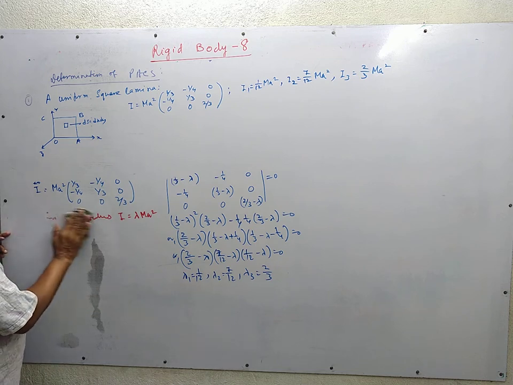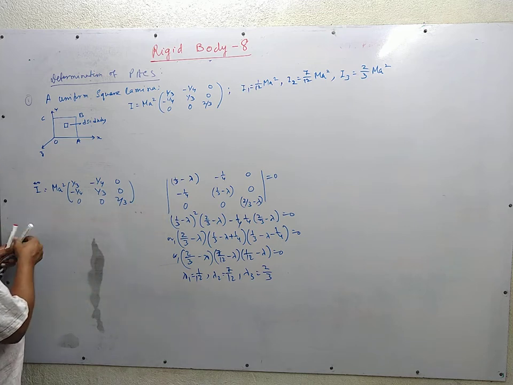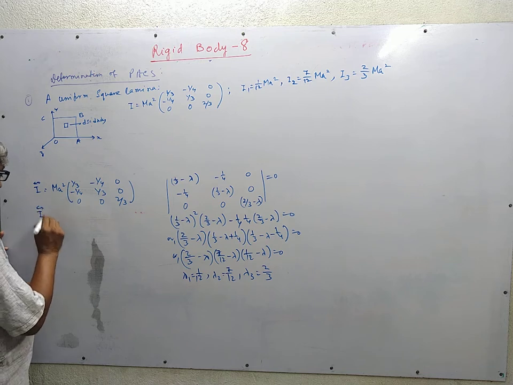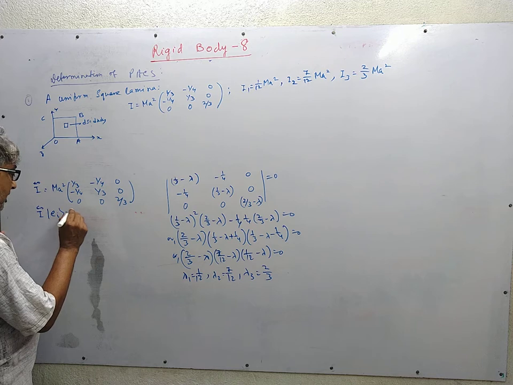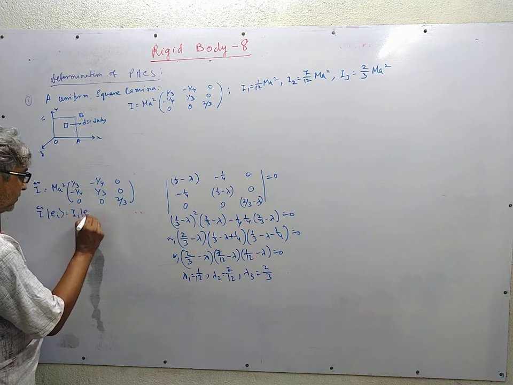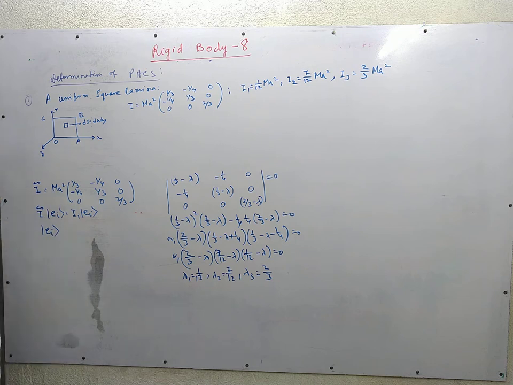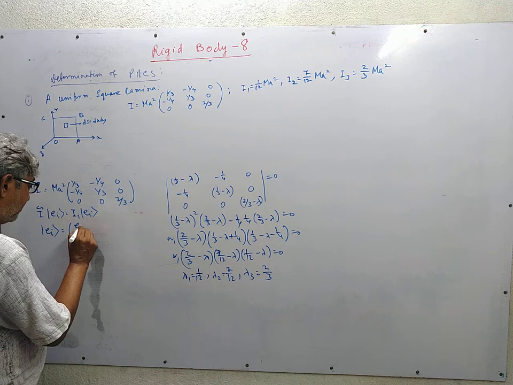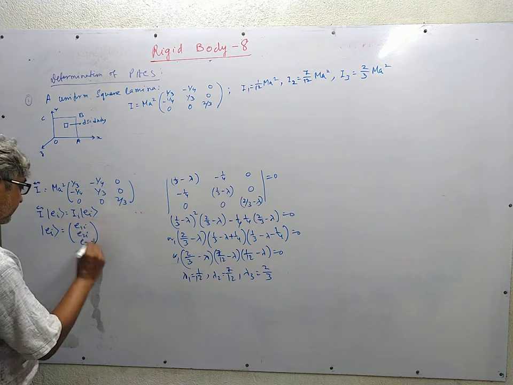We write the eigenvector like this: the I matrix operating on the ith eigenvector gives us I_i times E_i, where E_i is a column matrix, and we write it as E1i, E2i, E3i.